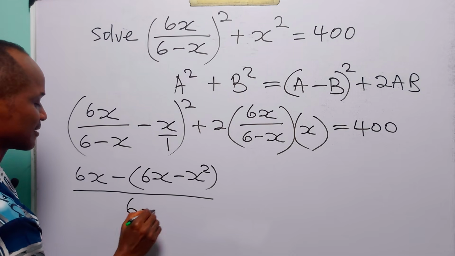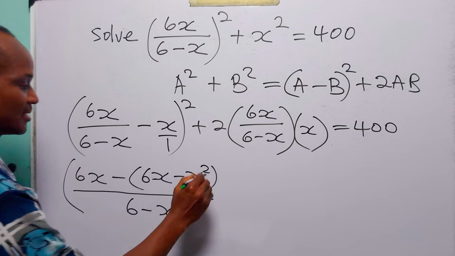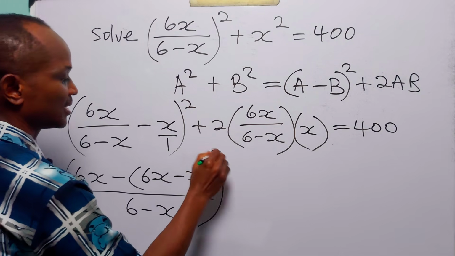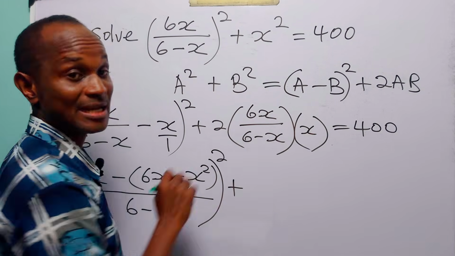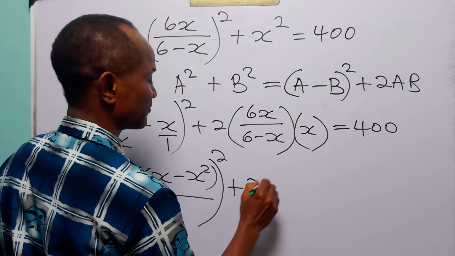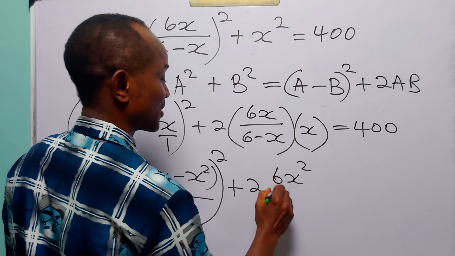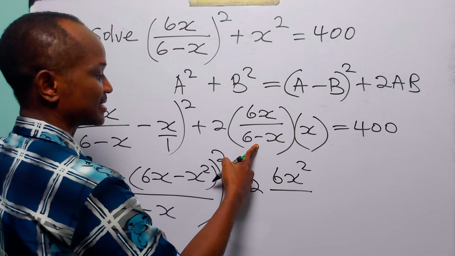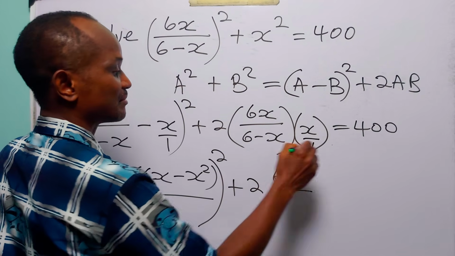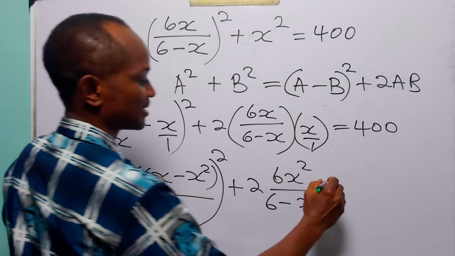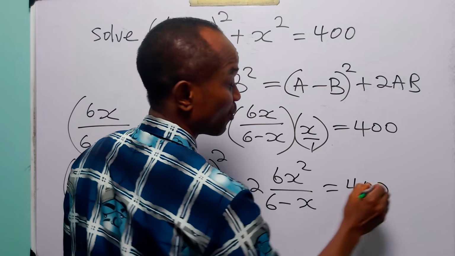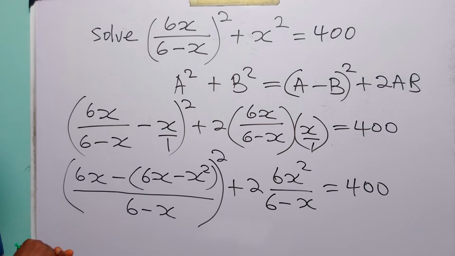That is 6 minus x, and this is all squared. Then here we have 6x times x. That is going to give us 6x squared divided by 6 minus x times 1, which of course is 6 minus x. And this is still equal to 400.